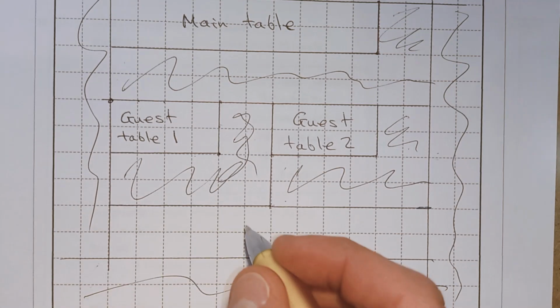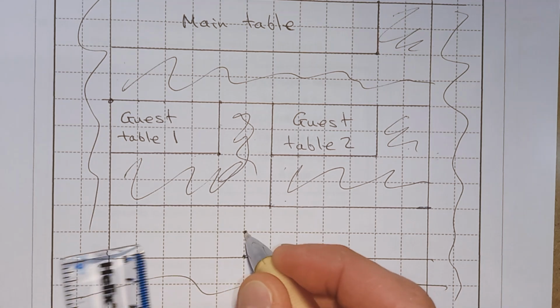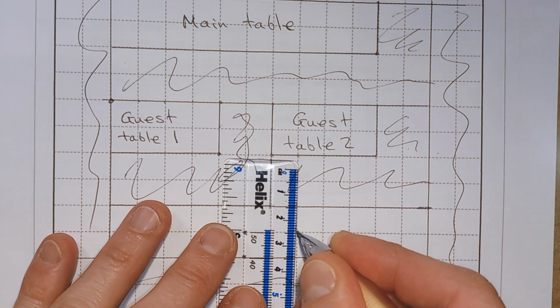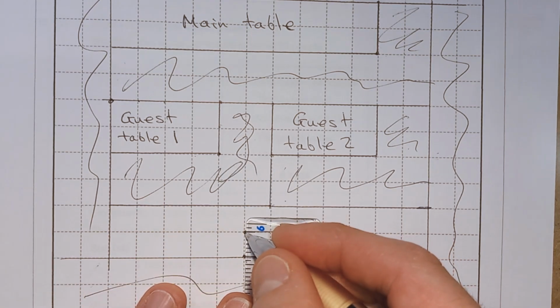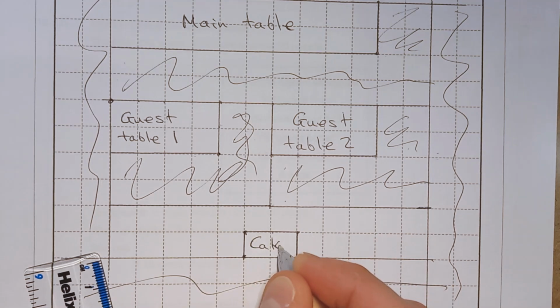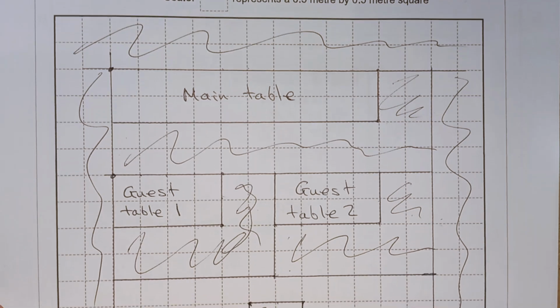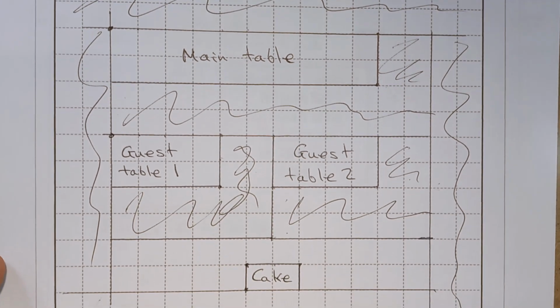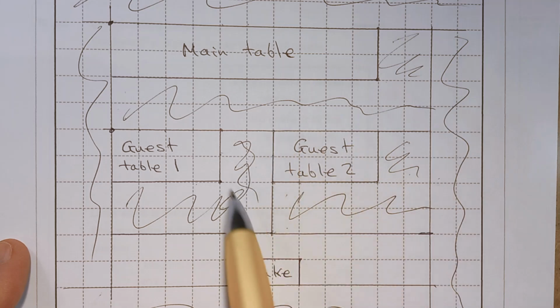So let's put that right down here at the bottom. So 1 square up, 2 squares across. Cake. There we go. It doesn't have to be exactly the same as mine. But so long as you've got these no-go areas, and I find it helpful to scribble in them because then it's clear you can't put anything else in those spaces.